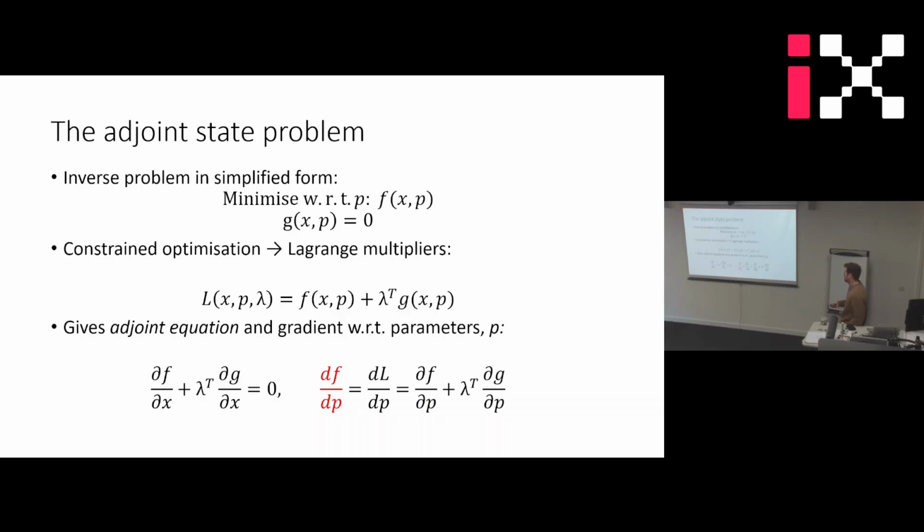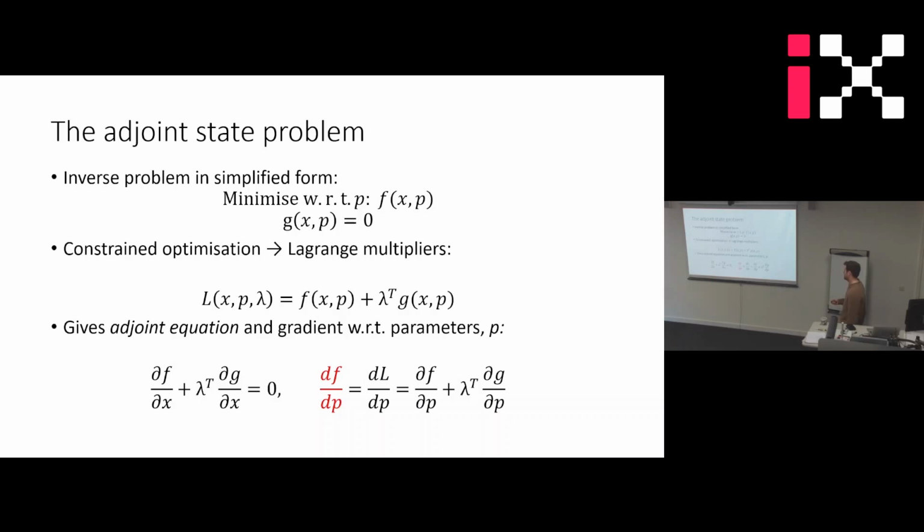And then if we find the optimum of our Lagrangian, we get two equations out. We get this one, which we're going to name the adjoint equation, and we get this one, which, because of the same reason of this is 0, means that the gradient of the Lagrangian with respect to the parameters is the same as the gradient of our target with respect to the parameters. This is exactly what we want to know, right? We want to know what change to the parameters we need to make a certain change in our target is equal to this.